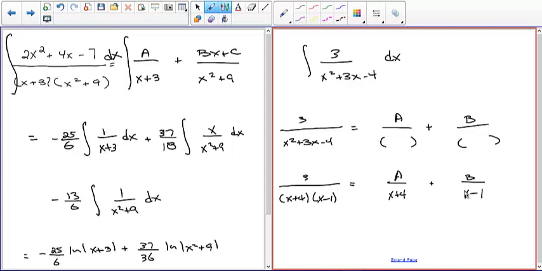So if you have x minus 4 under A and x plus 1 under B, that's still fine. It's just your B's and A's will change places. Now you're going to cross multiply these two things, combine these two fractions into a single fraction with the same denominator. Then you'll set 3 equal to whatever the numerator is as a result of doing that.